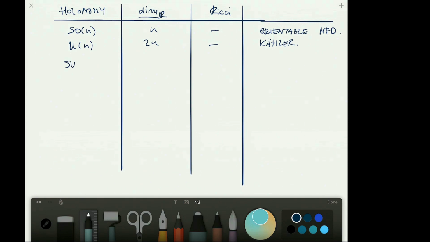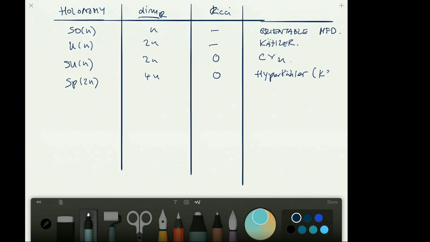And then, of course, the ones that have SU(N) holonomy, they're again complex, the Ricci is 0, these are the Calabi-Yaus, the Calabi-Yau N-folds. There's Sp(N), which has to be 4n dimensional, the Ricci is 0, these are the so-called hyperkähler manifolds.